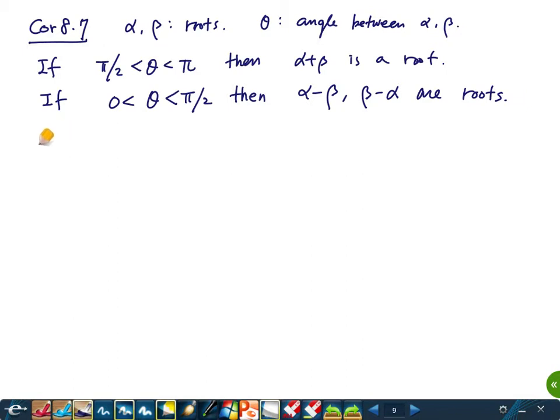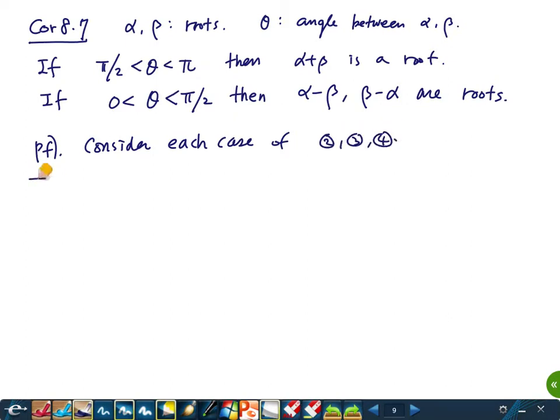The proof is quite simple, because we know this previous proposition. All we need to do is consider the cases 1, 2, 3, 4. But the first case we don't have to consider, because theta is strictly between these. So consider each of cases 2, 3, and 4 in the previous proposition, right?